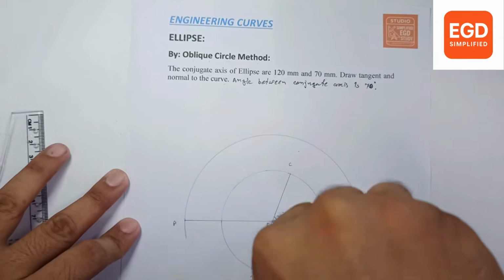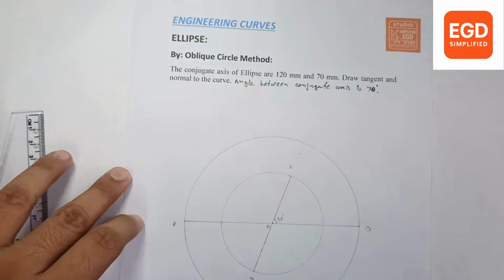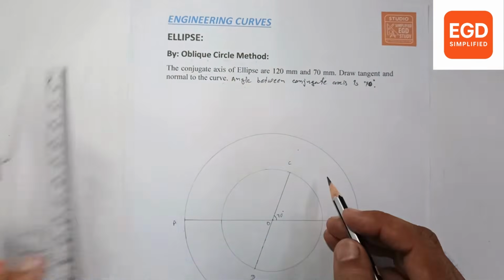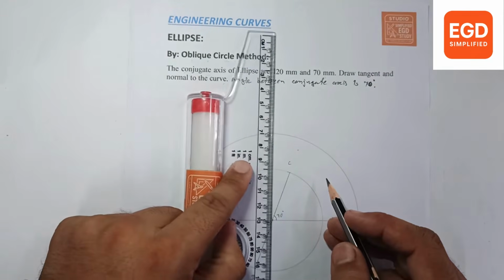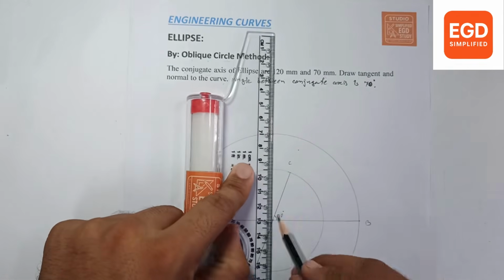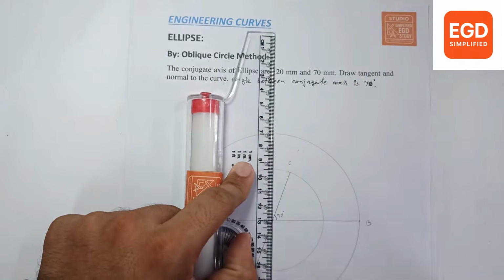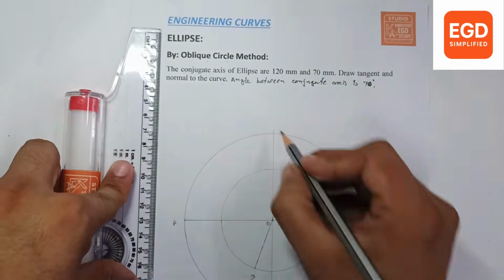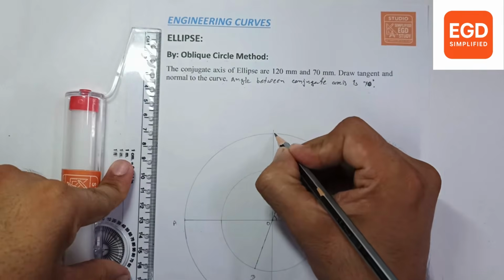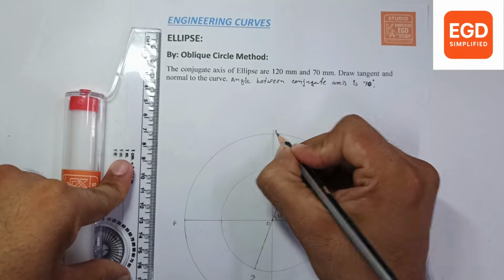Circle for the minor axis and circle for the major conjugate axis. Okay. Now draw a perpendicular line from the center that will intersect here. Okay, let's give the name 1 dash.